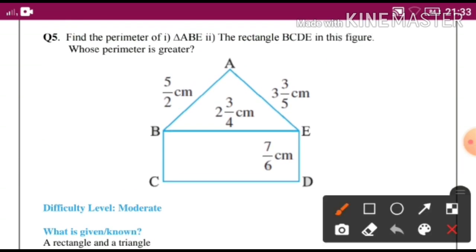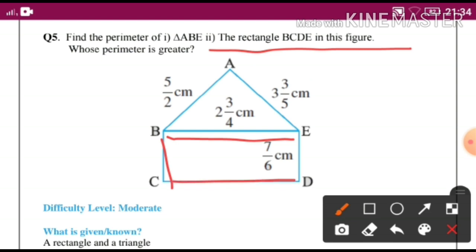Find the perimeter of the first triangle, that is ABE. So we have to find the perimeter of this first. Then the rectangle BCDE in this figure. So this is a rectangle.